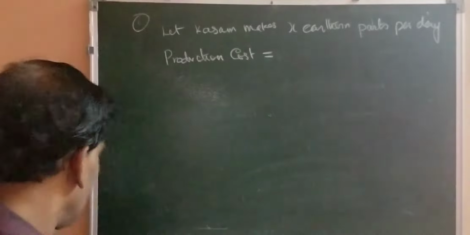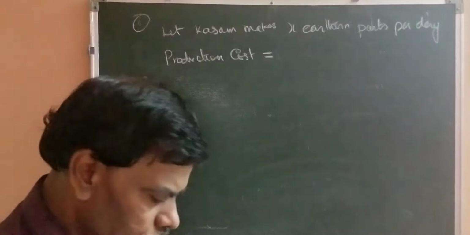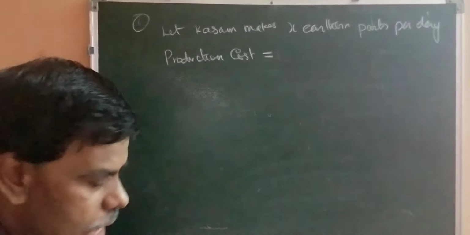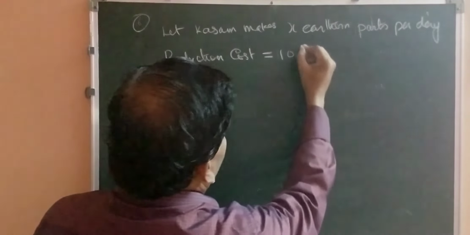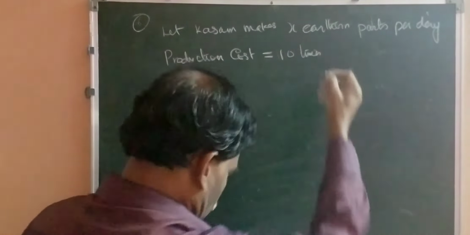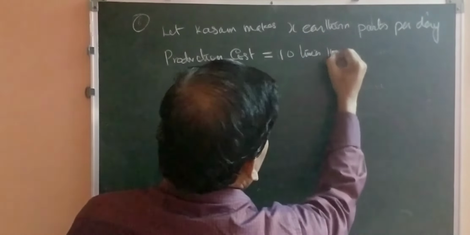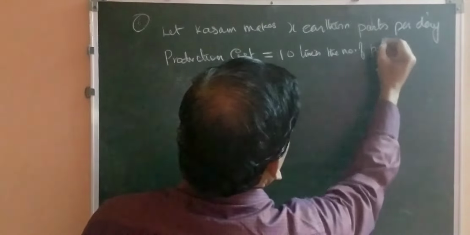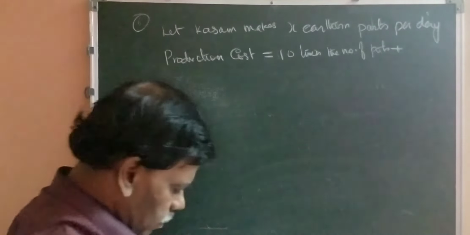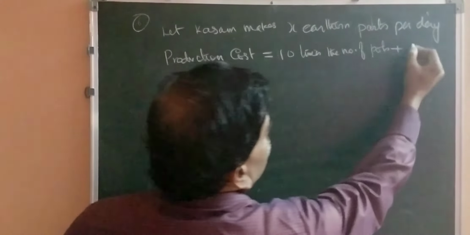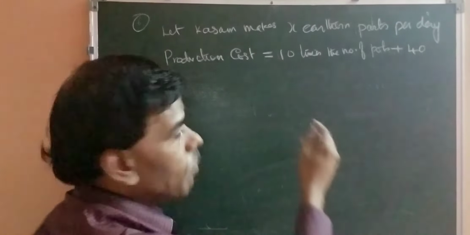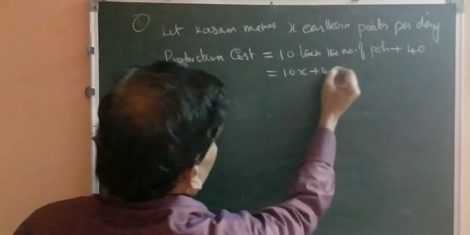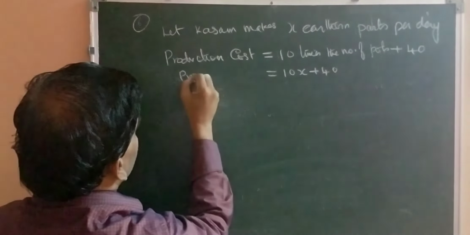Okay, now what they are telling is, see here, the production cost is 40 more than 10 times the number of pots. More than means what? Plus 40. So 10 times means 10x plus 40. So it is the production cost.